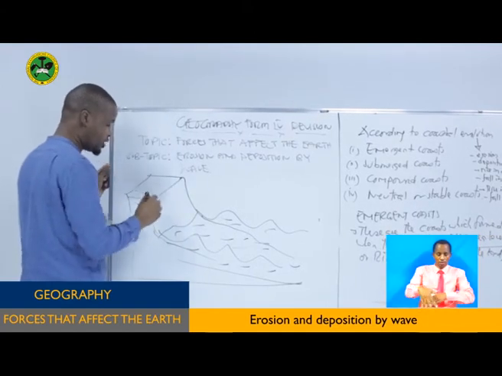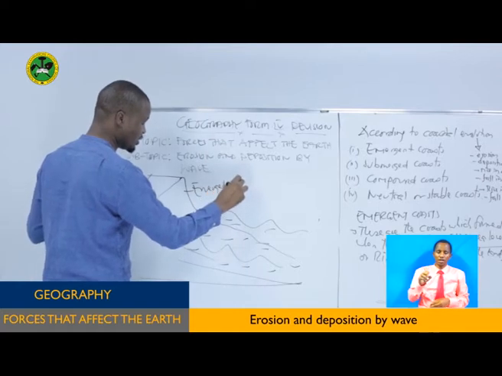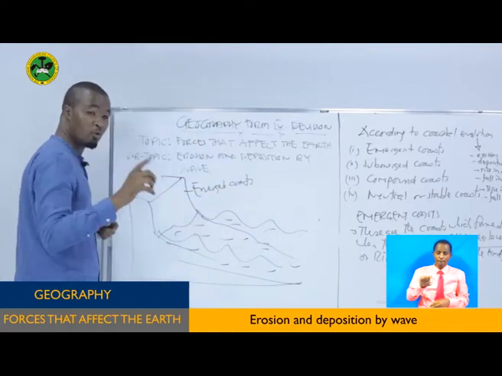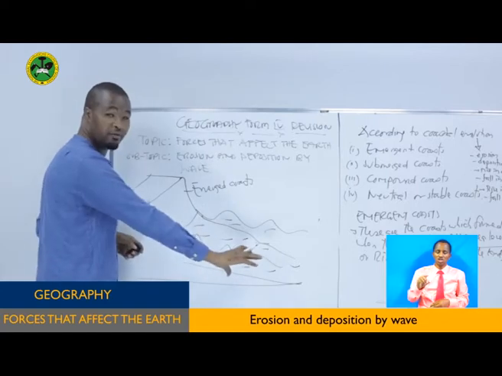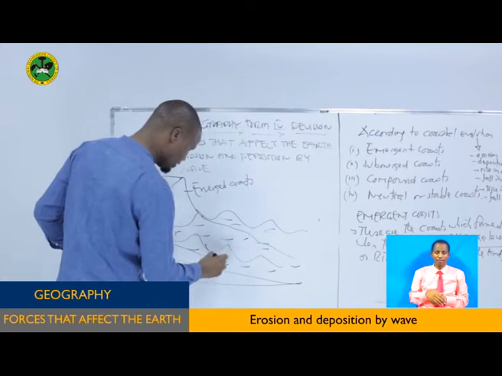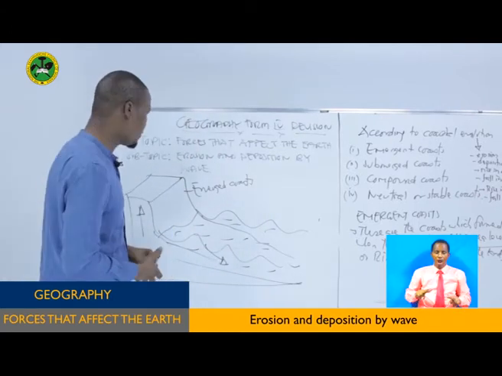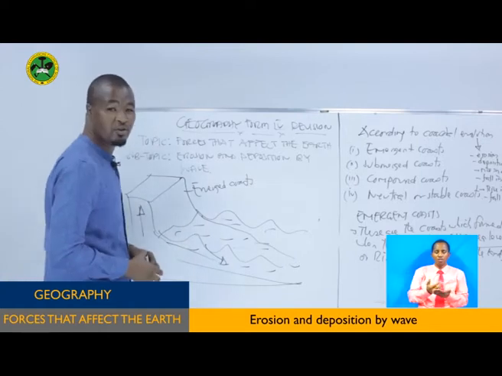So right here, this one is what is called the emerged coast. What happened to the emerged coast? There was either the fall in sea level or the rise in land. So the coast that formed, we call it the emerged coast.